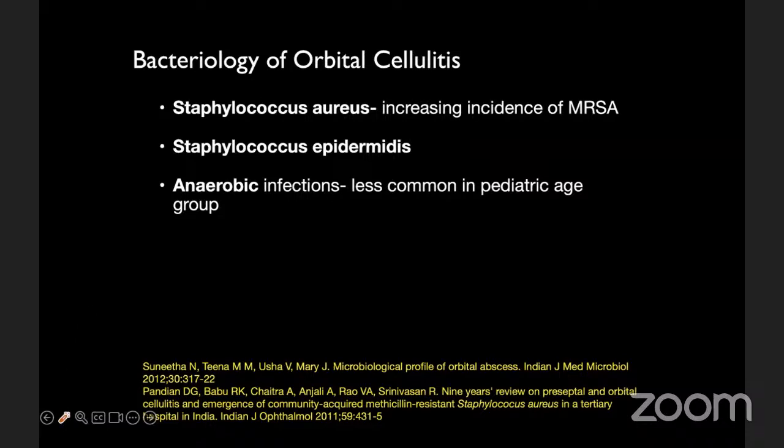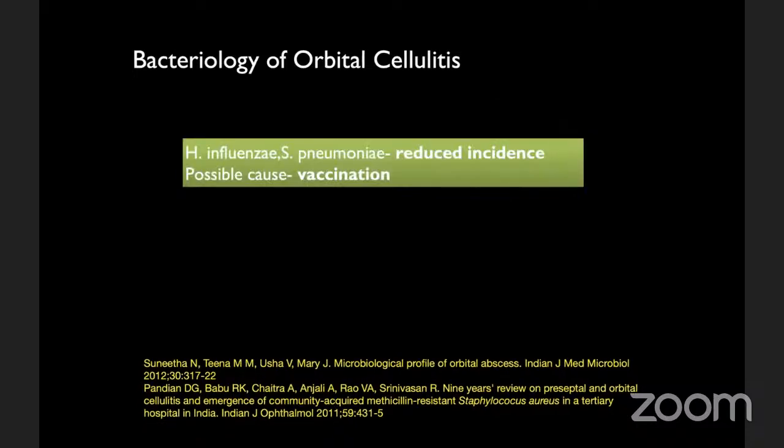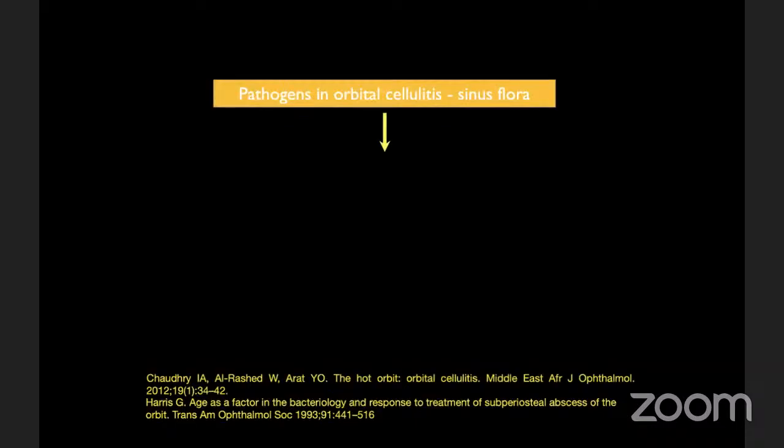And of course, anaerobic infections, which are very less common in the pediatric age group. In the pediatric age group, you would also suspect Haemophilus influenzae and Strep pneumoniae. But of course, now because of vaccination, there is a reduced incidence of the same. So these are certain causative organisms that need to be borne in mind.